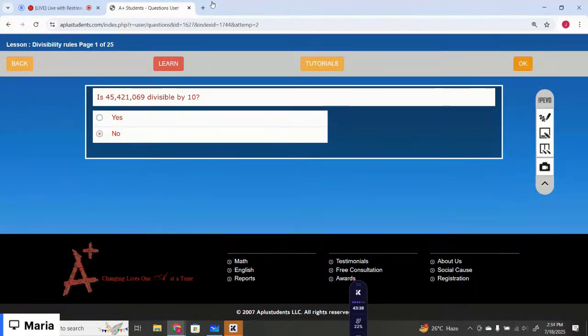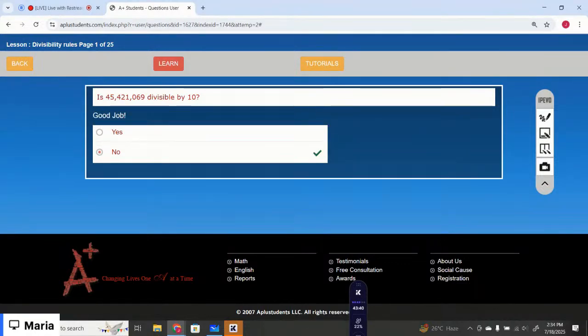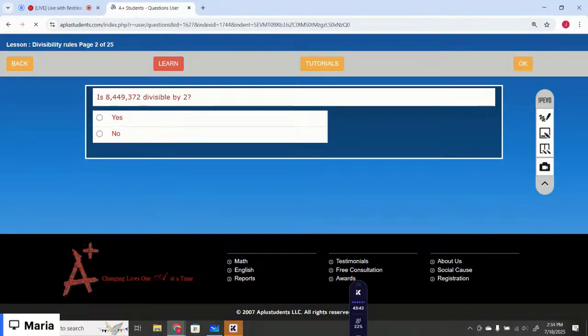No, that number is not divisible by 10 because the divisibility rule for 10 is the ones digit must be 0. Here the ones digit is not 0, so that means it is not divisible by 10.